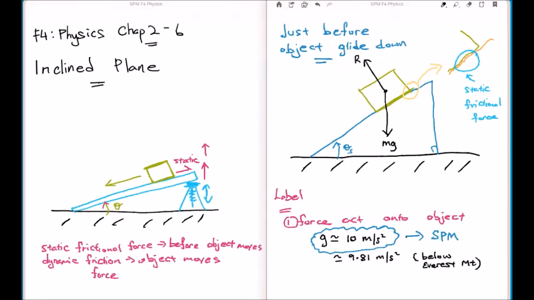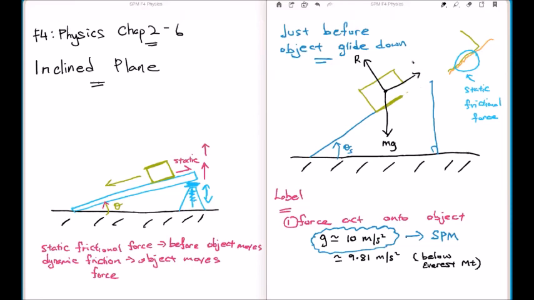Then there is friction. I need to erase this, it's blocking my wheel. Here, just before this object starts to glide down, there is a frictional force. I want to label it. It's supposed to be between here and here, but I don't want to separate it from the free body diagram, so I label it here.